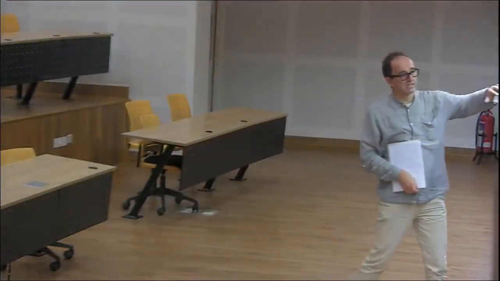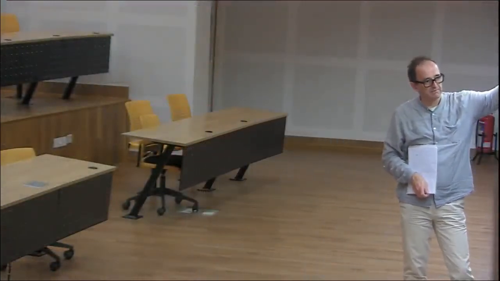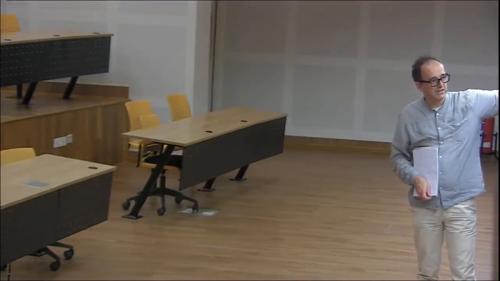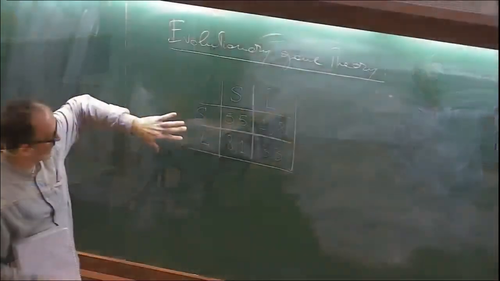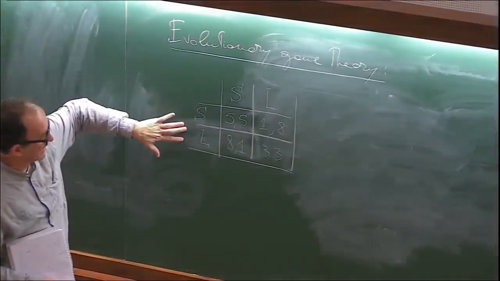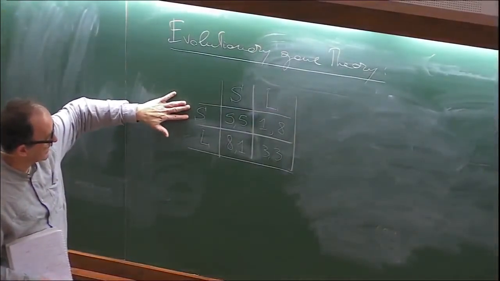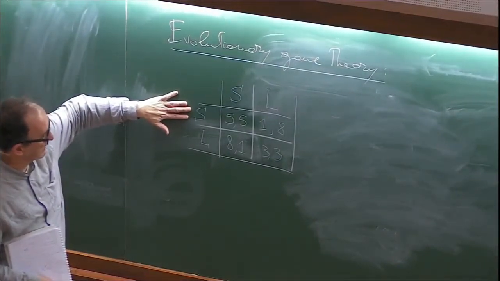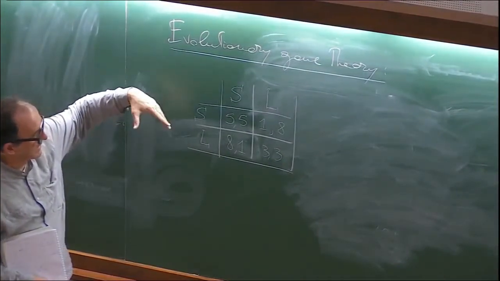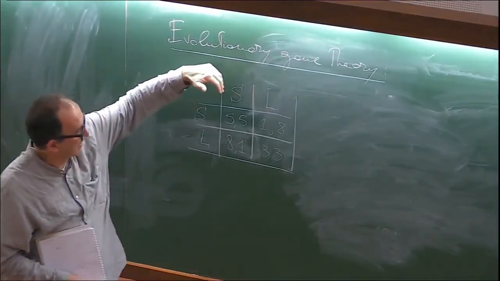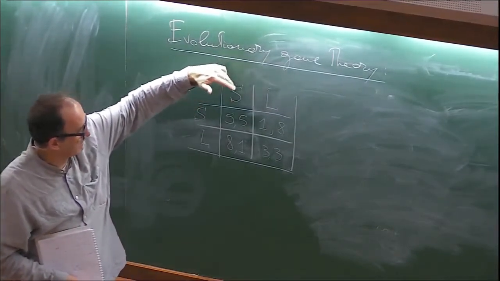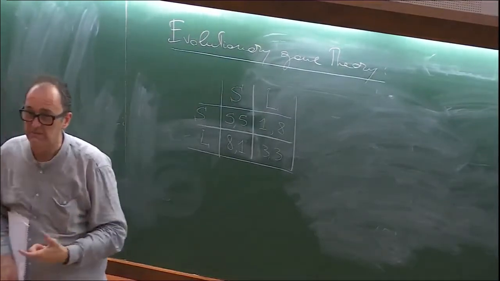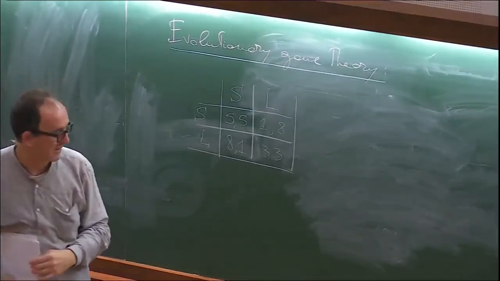But you see that if this is the result of the interaction between these two different variants, and if the fitness of a particular variant depends on the fraction of the abundance of the different variants, then things can be more complicated, okay?